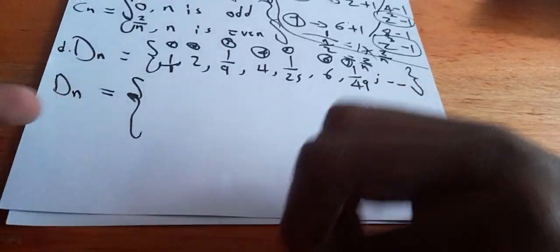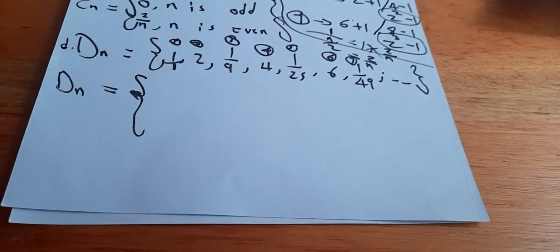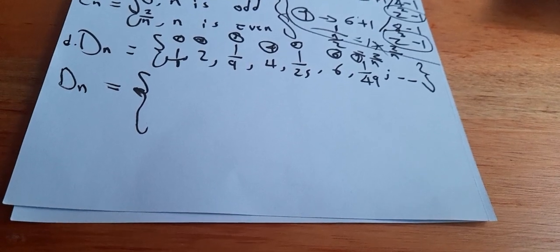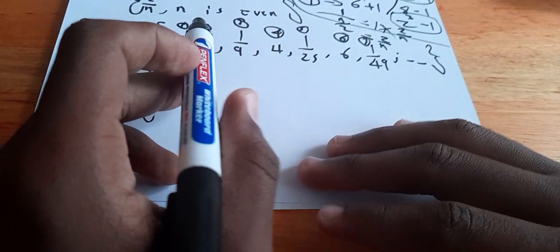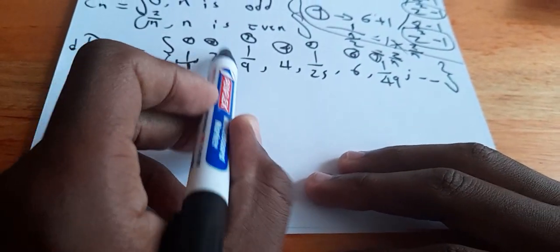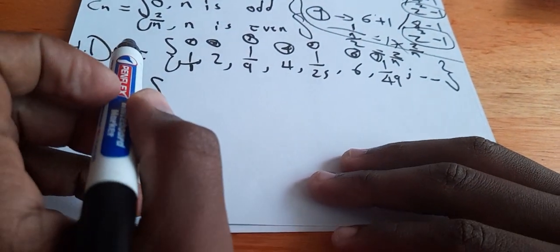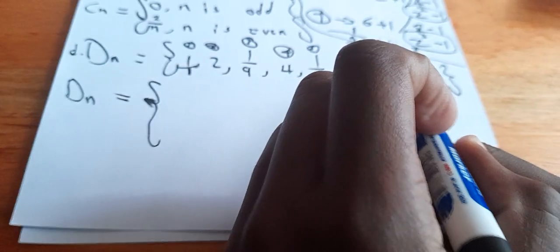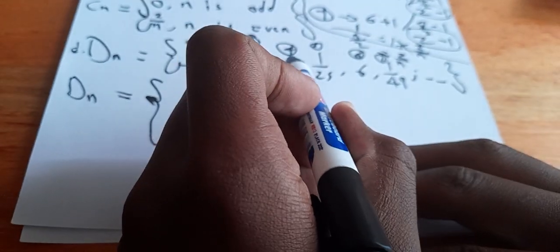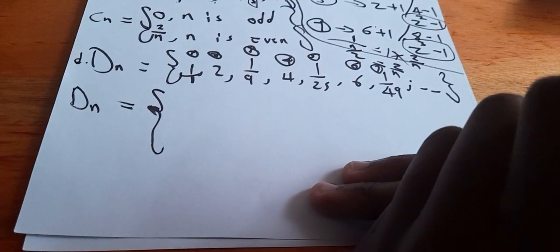So now I can start with the set of integers. When you check, you have 2 is the second term and it is 2. Let's go to the next one. It's 4 and the fourth term is 4, which means it is 4 when n is 4.